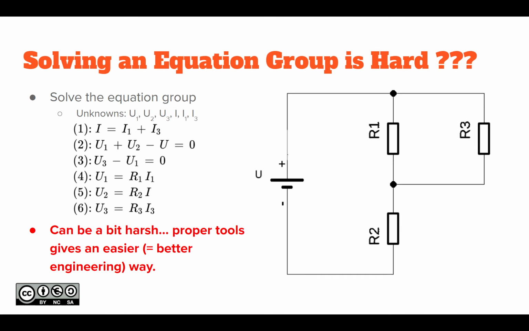All right, then it was claimed that solving an equation group is hard. Yes, if you have only pen and paper, then it will be hard. But if you have, for example, Python, then it's not that hard anymore.